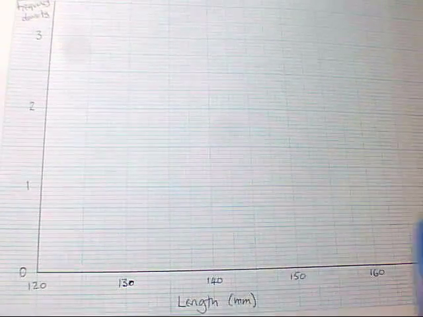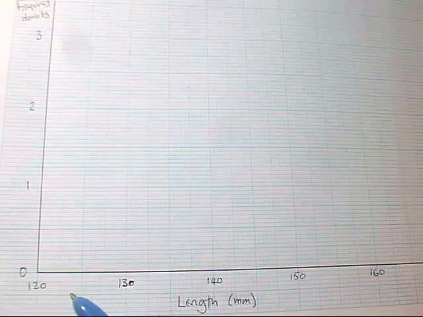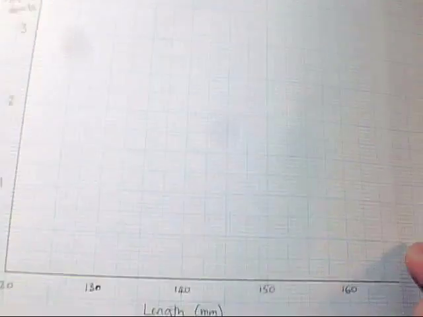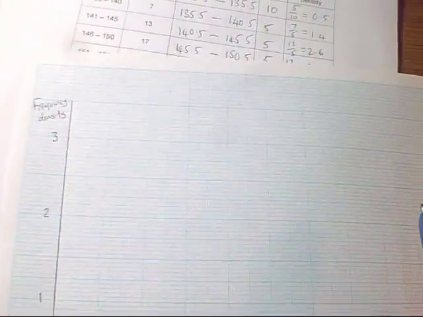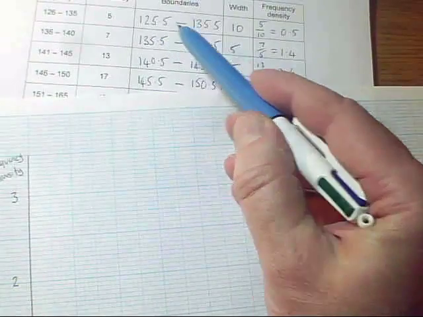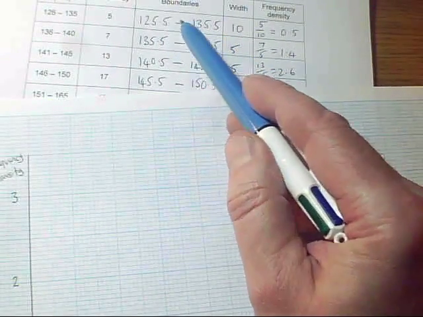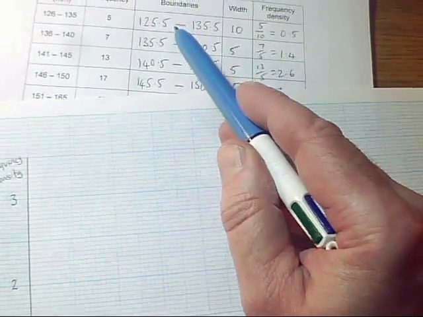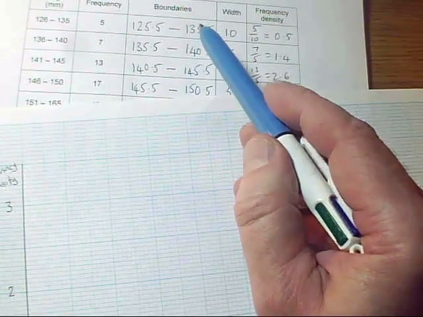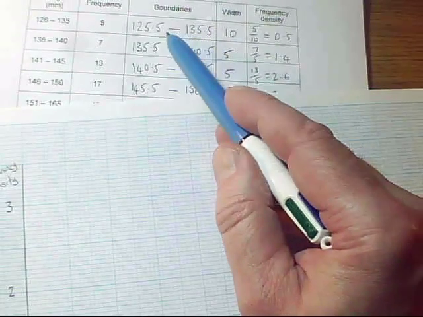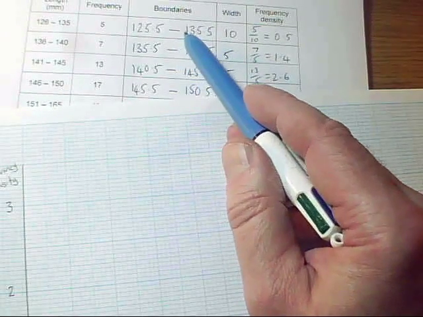Notice I've plotted sensible numbers here, 120, 130, 140, even though my class boundaries are funny numbers like 125.5 and 135.5. I'm going to use these values to work out where my blocks start and finish.